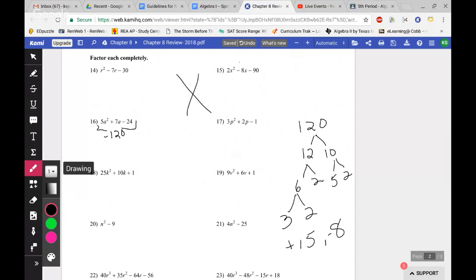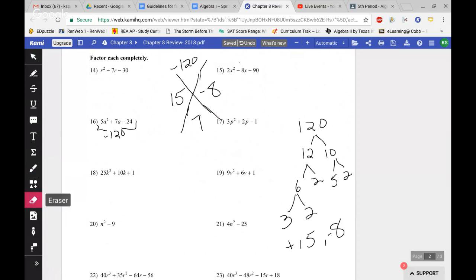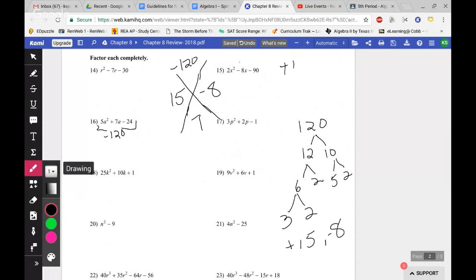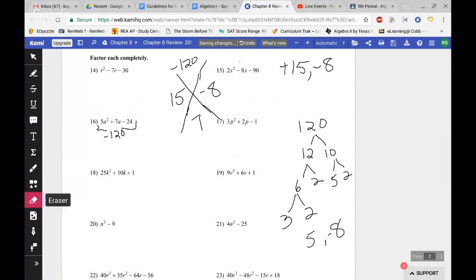So if I were doing the X box at the top, the negative 120 would go there. The positive 7 would go there. My positive 15 would go there. And my negative 8 would go there. Okay. Does that make sense? Yep. I'm going to erase my factoring.